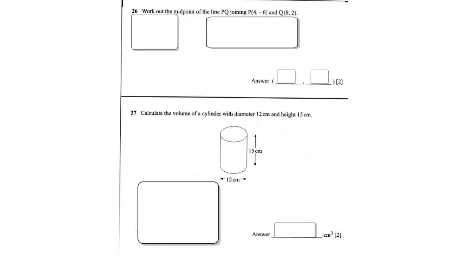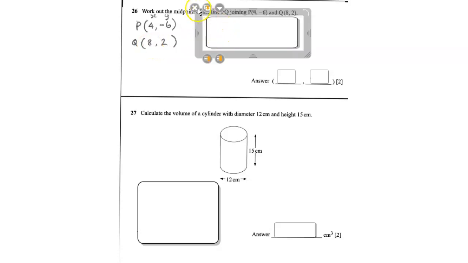So question 26, it says work out the midpoint of the line PQ joining those coordinates, P and Q. What to do first? Normally it would be to lay them on top of one another. So I've got P is 4 and minus 6 and Q is 8 and 2, and I've labelled the X and Y at the top. Now to find the midpoint, you have to add your X's and divide by 2, or half it.